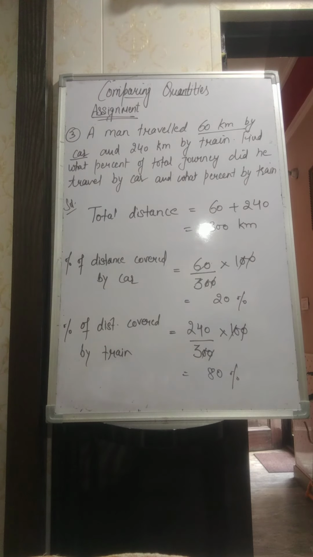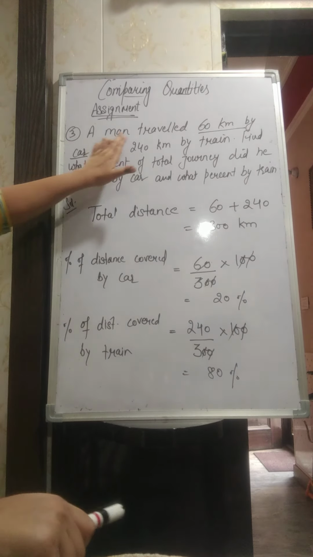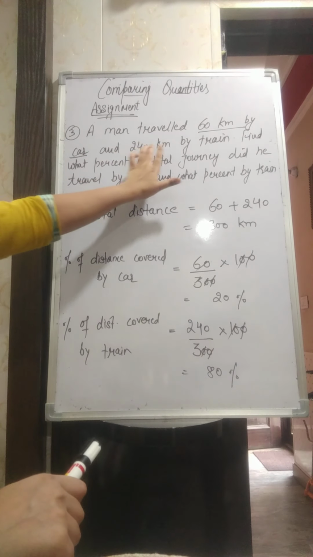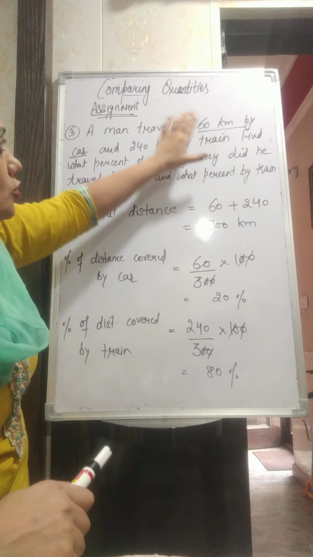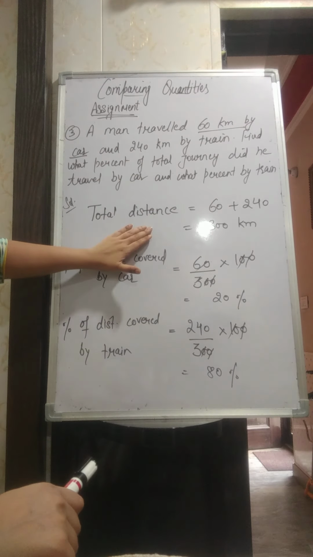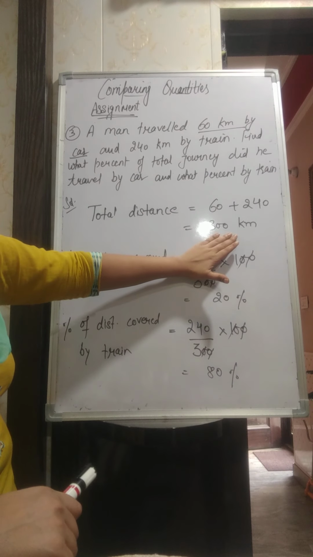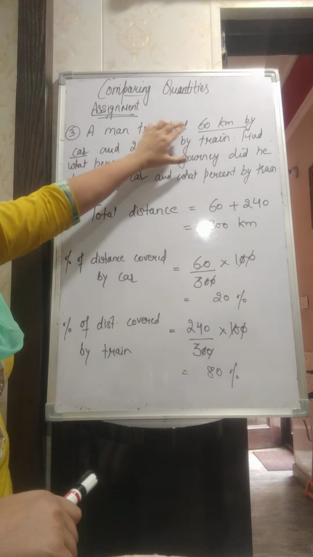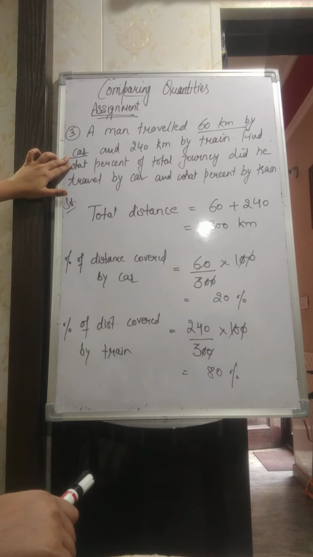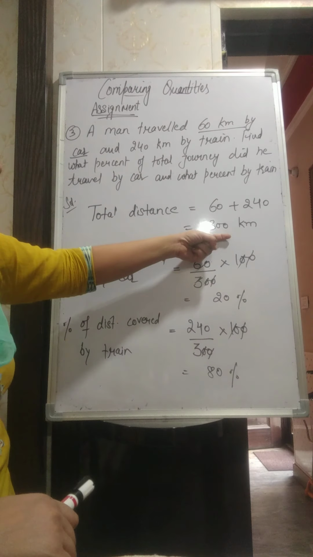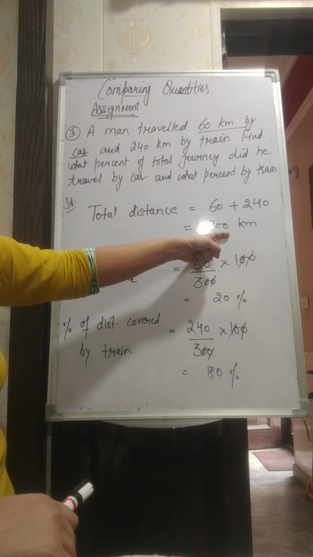So what is given to us? We have been given that a man is traveling 60 km by car and 240 km by train. So from here we can find out that the total distance is 300 kilometers. Now we have to find the percentage traveled by car and the percentage traveled by train if a man has to travel 300 kilometers.